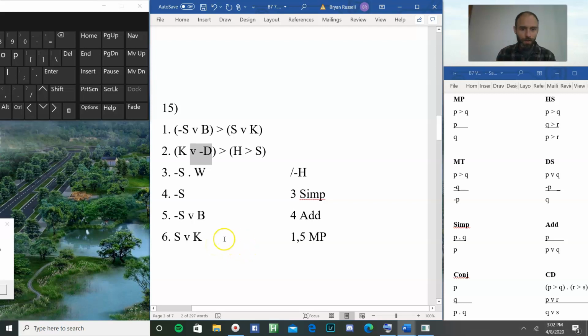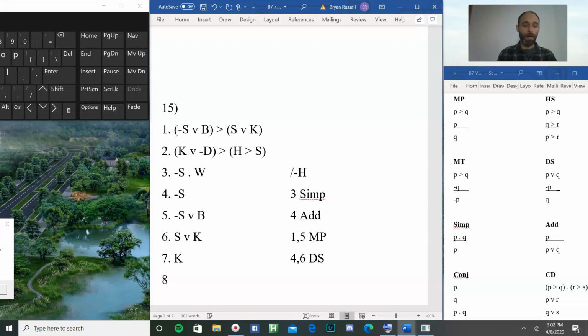So can we do that? Yes, we can. Can we get K by itself? Here we have S wedge K, and here we have tilde S. So we can go back to 7 and do a disjunctive syllogism to get K on a line by itself, and that was 4, 6, disjunctive syllogism.